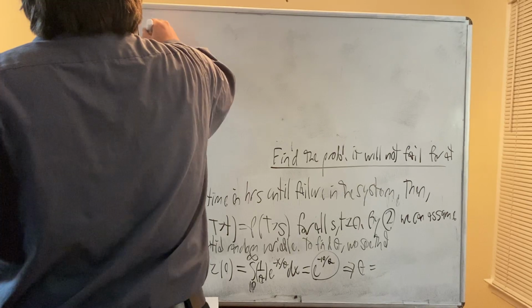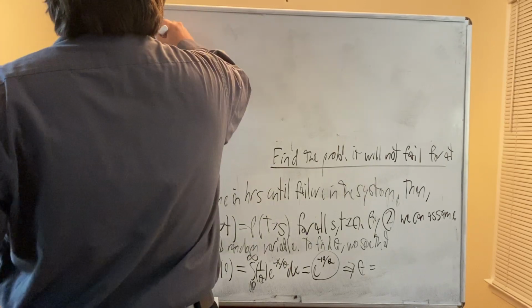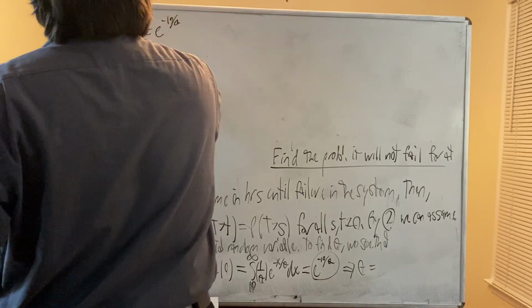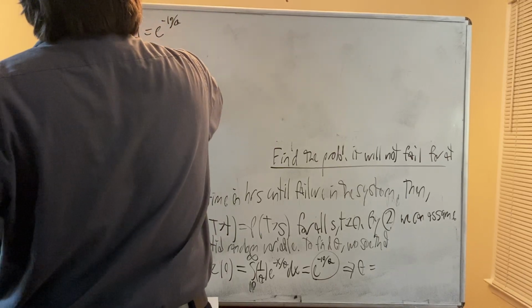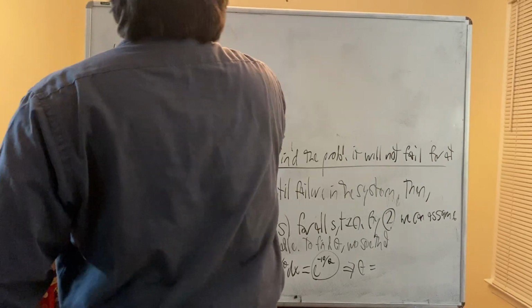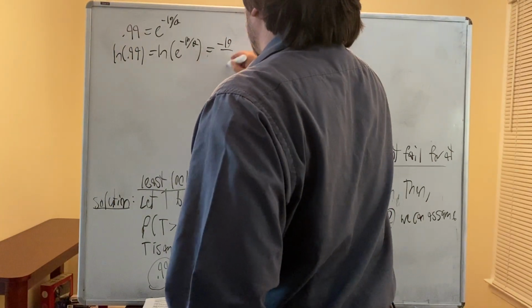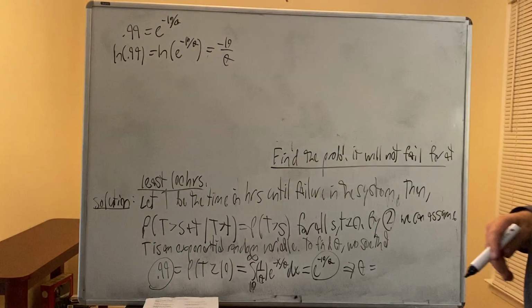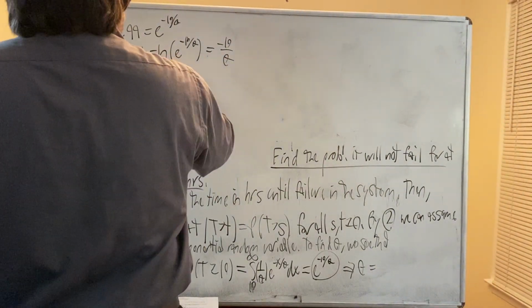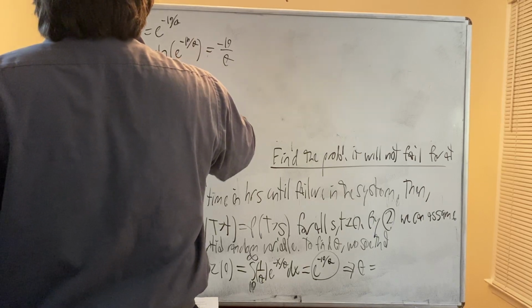And so here 0.99 is equal to e to the negative 10 over theta, right? And so ln of 0.99 is equal to ln of e to the negative 10 over theta. Ln and e cancel. You get that ln of 0.99 is equal to negative 10 over theta. That means that theta is equal to negative 10 over ln of 0.99.